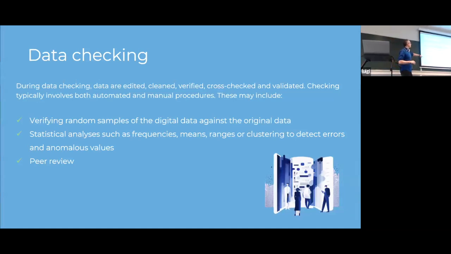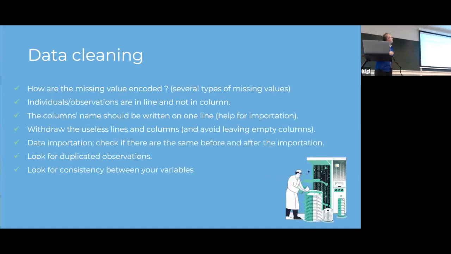Sometimes you can review your data with others to compare the data. Therefore, if there are some anomalous values or mistakes, you have to define what you will do with the missing values and how they are encoded. Sometimes there are different types of missing values. For example, in a survey, if you don't want to answer or if you are unable to answer, there are different types of missing values.